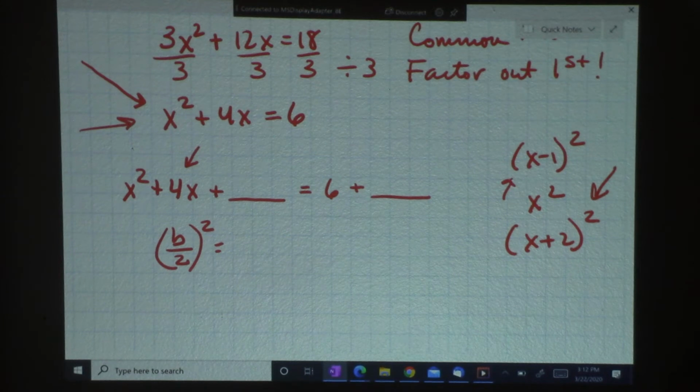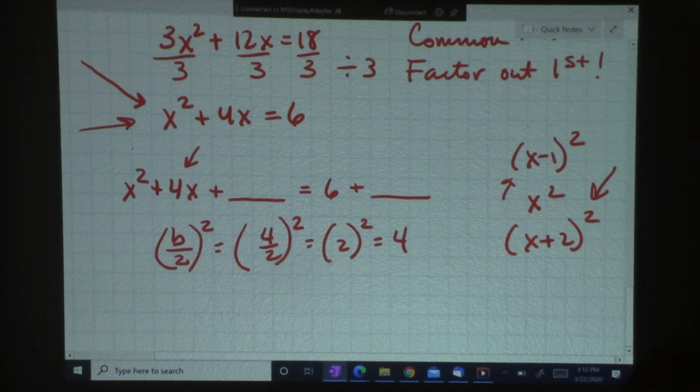So anyway, here's me doing it. So b is 4, so I'm going to put 4 in. 4 divided by 2 is 2. Squared is 4. So what I'm going to add to both sides is 4.